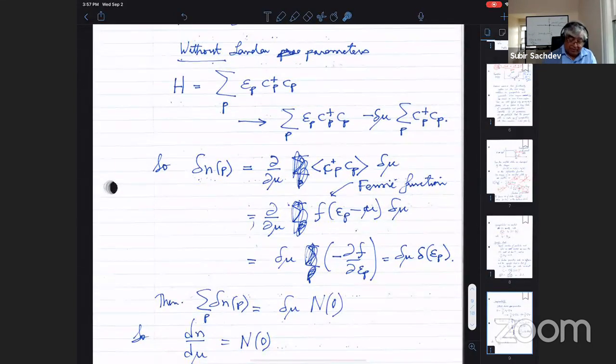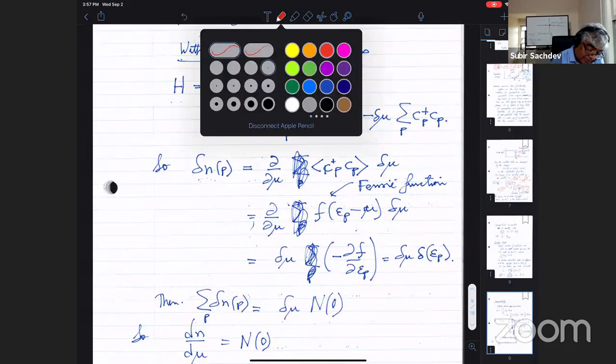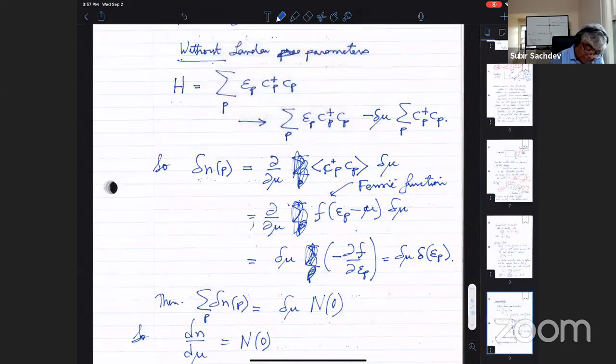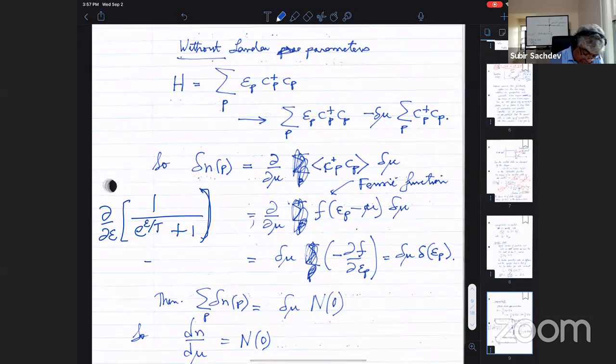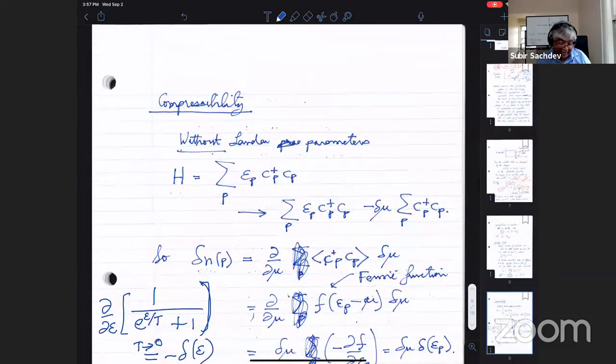One very useful thing to know is that if you take the Fermi function and take its derivative at low temperatures, it becomes a delta function. So this is the statement that d by dE of 1 over e to the E over T plus 1, that's the Fermi function, is equal to, as T goes to 0, minus delta of E. You can see that here.